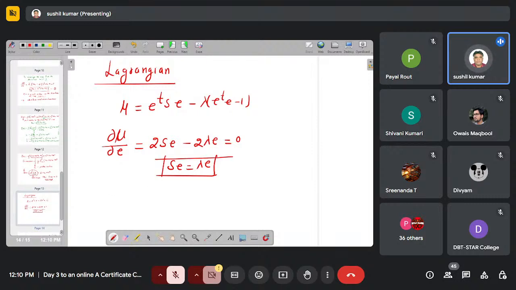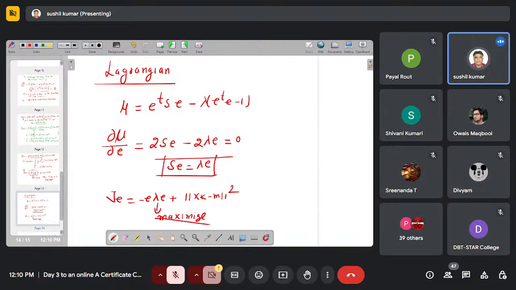So the last equation I got here, J(e) will be like minus e transpose lambda e, plus the sum of (x_k minus m) whole square, using S e equals lambda e. And here the purpose is to maximize this one.